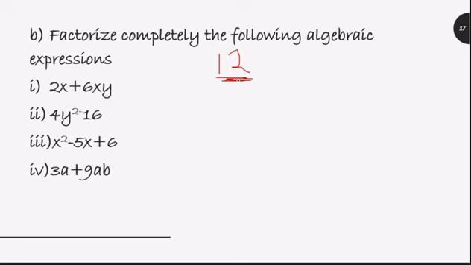So what are the two numbers here? Choose pairs of numbers such that when you multiply that pair, it should give you 12. You have 1 and 12 itself. Then 6 and 2, when you multiply these, they give you 12. And you have 3 and 4, when you multiply them, they give you 12.